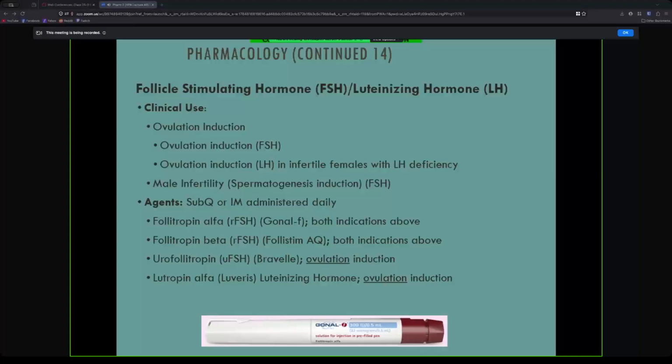But when we talk about the urofollitropin or uFSH, Bravelle, or the lutropin alpha, Luveris, those are only for ovulation induction. So make sure that you know which ones are used for both male infertility and female ovulation induction, and which ones can only be used in ovulation induction, the last two.